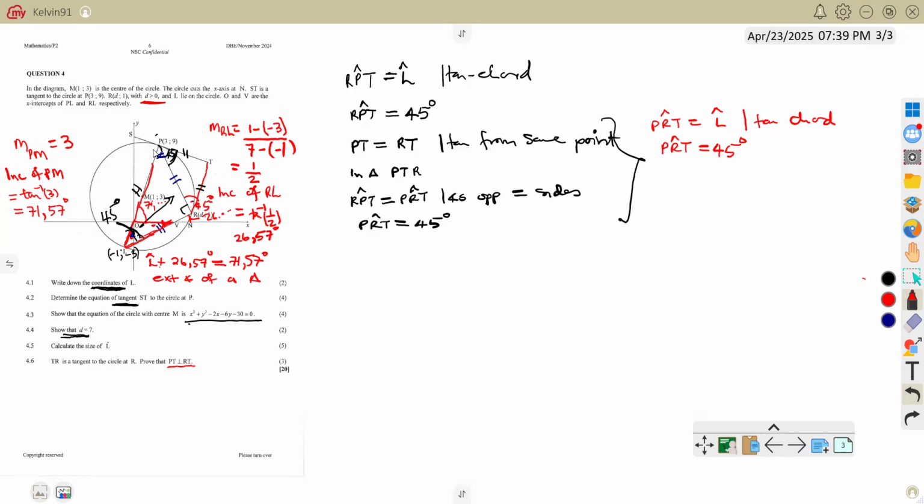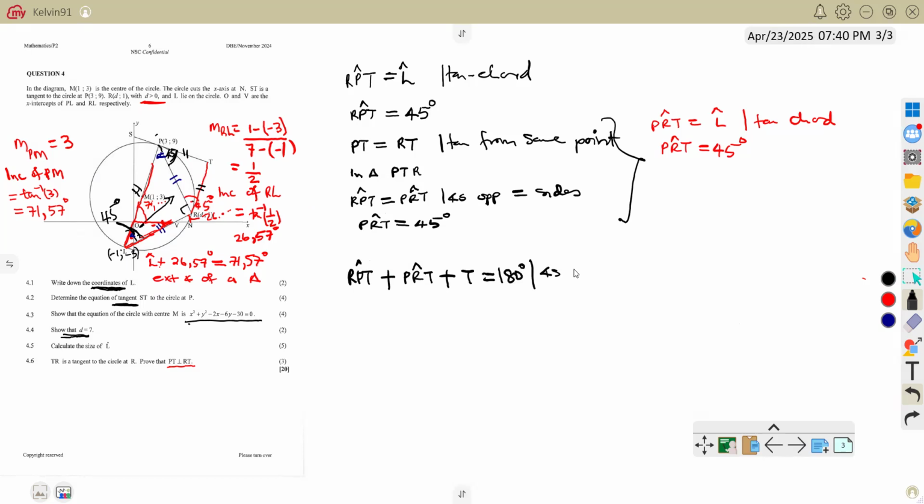So still in that triangle PRT, we can now conclude that the angle RPT plus the angle PRT plus the angle T must be equal to 180 degrees. Why are we saying so?